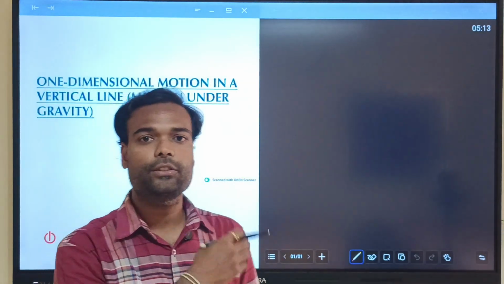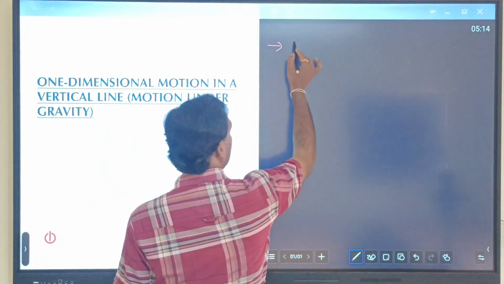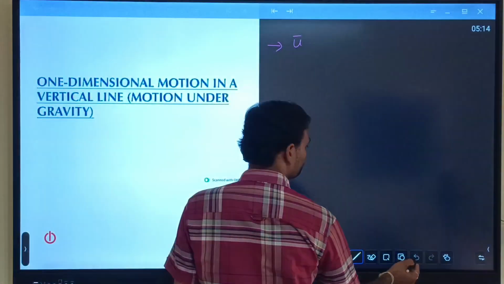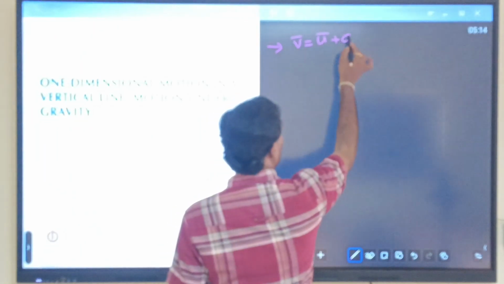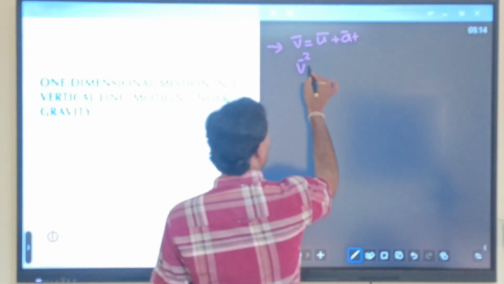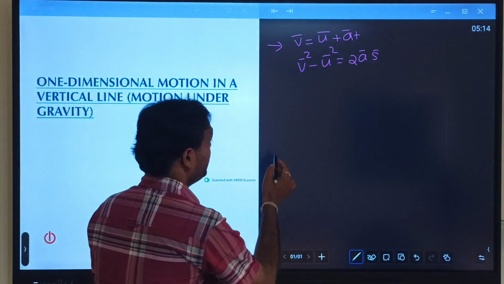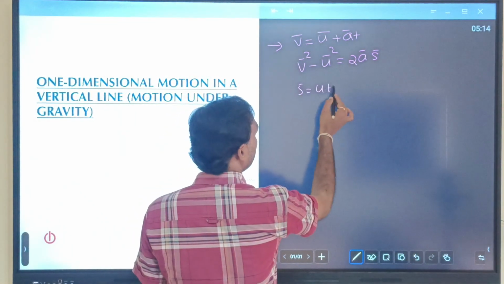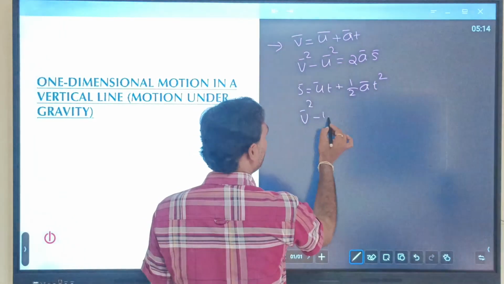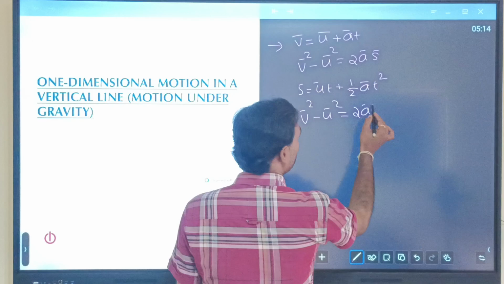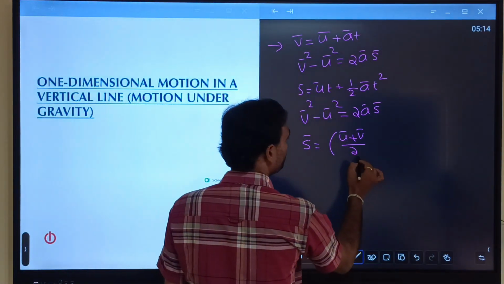We are going to see those uniformly accelerated motion equations in the vertical direction, and we know the equations are: v is equal to u plus at; v square minus u square is equal to 2as; s is equal to ut plus half at square; and s is equal to (u plus v) by 2 into t.